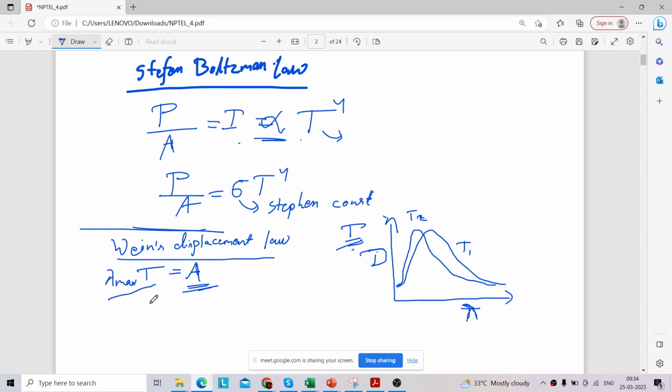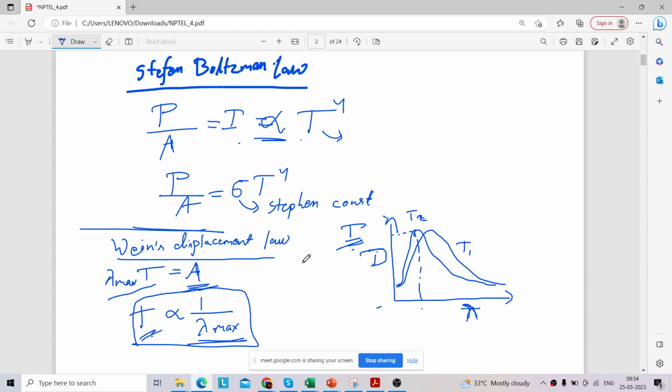It means that T is inversely proportional to lambda max. That means if we increase the temperature, then lambda max, the wavelength at which the intensity is peaking, will decrease.